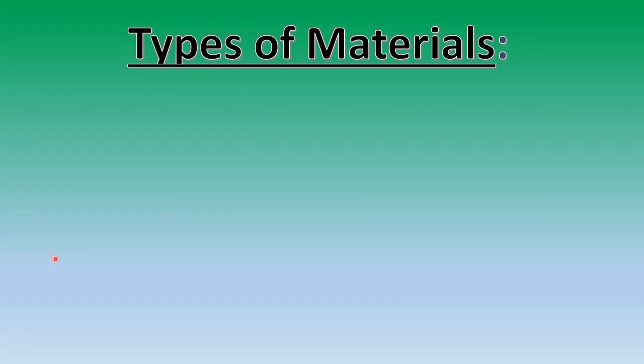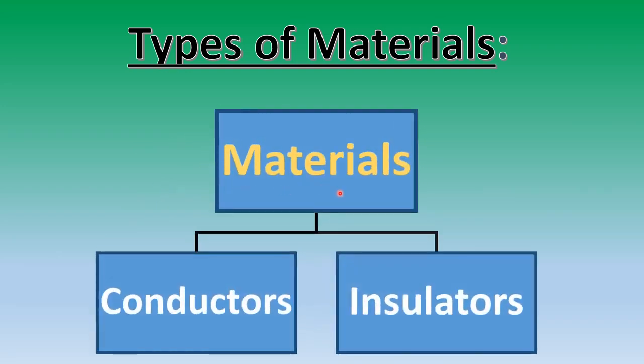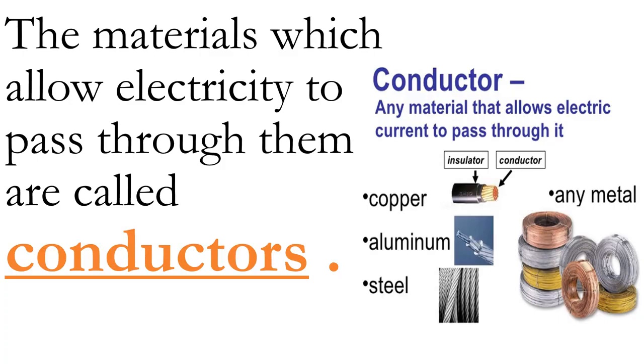The types of materials. Materials are divided into two types based upon their nature. Some are conductors and some are insulators. First of all, let's know about conductors.